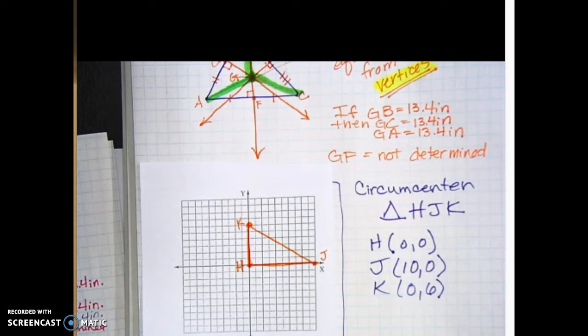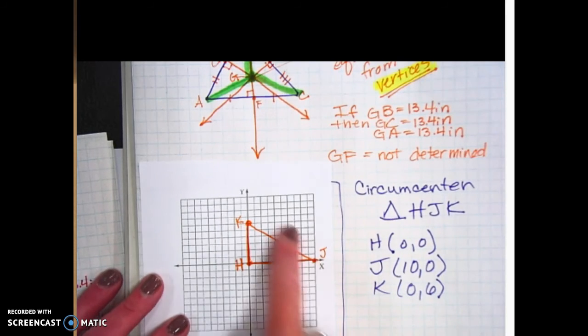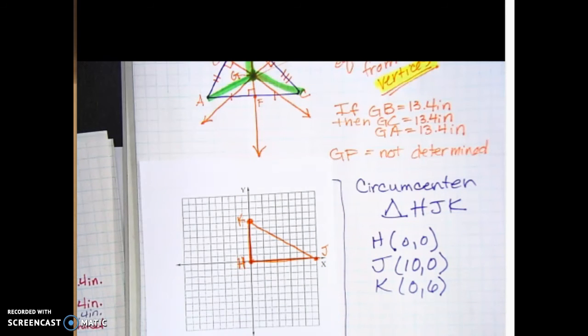It's just the opposite direction. So if one's horizontal, the perpendicular line is going to be vertical. If one segment's vertical, the perpendicular line is going to be horizontal. The ones that are going to be hard are the slanted ones, right? You'll have to count out the slope and then take the negative reciprocal.